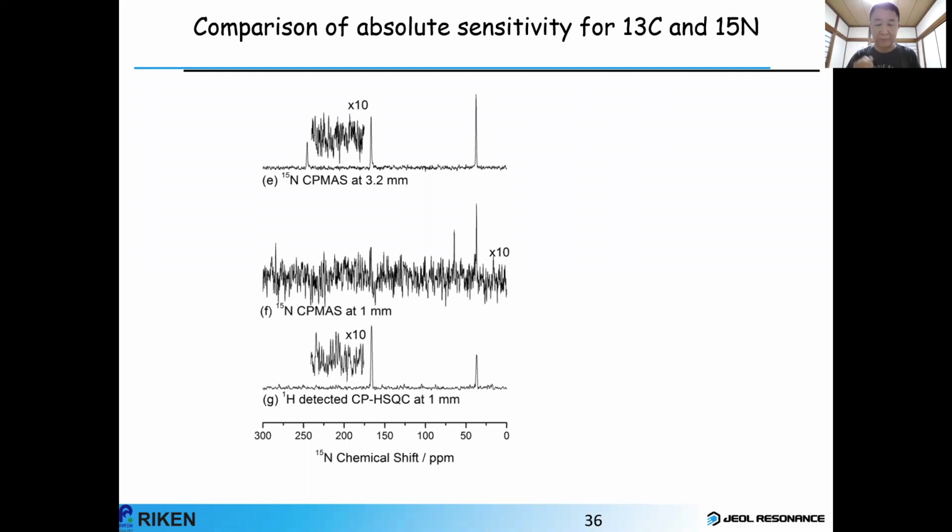In the case of quadrupolar nuclei, not spin-half, we have to be careful about the interference with the spinning frequency. Typically, we use the central transition selective pulse. Yes, I hope that is the answer. But if that is not a good answer, please ask again.